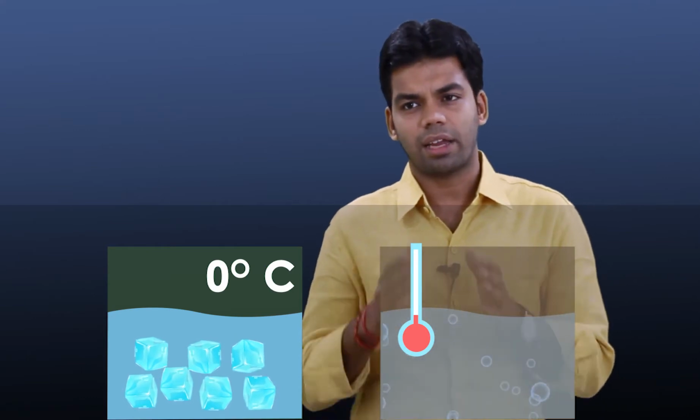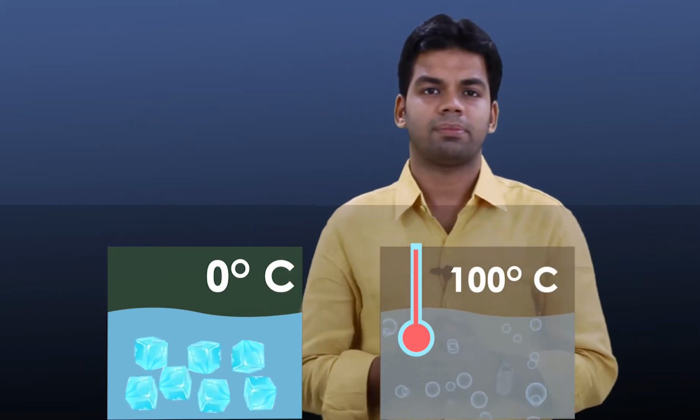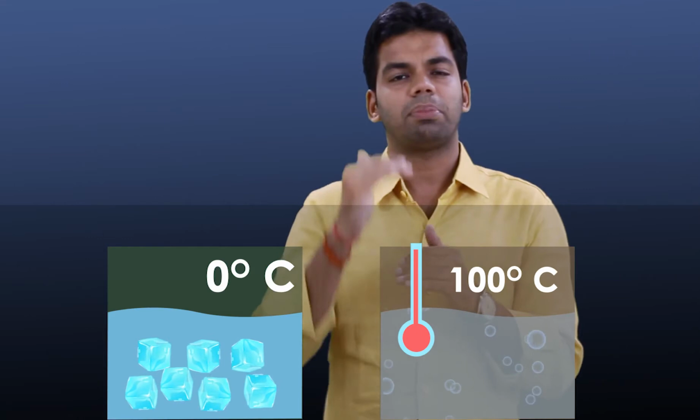Because of the temperature change, the volume of the mercury changed and the mercury level rose up to a certain level. He marked it as 100 degrees Celsius. Then he divided the complete scale between 0 and 100 degrees Celsius into 100 equal parts.